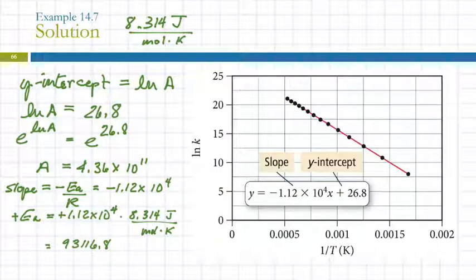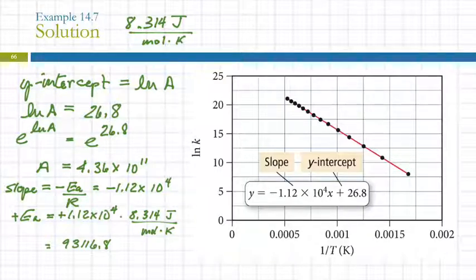The units of y, natural log of something, there's really no units there. But x has the units of 1 over T, 1 over Kelvin. So the units of the slope are 1 over 1 over Kelvin, which would be kelvins, right?